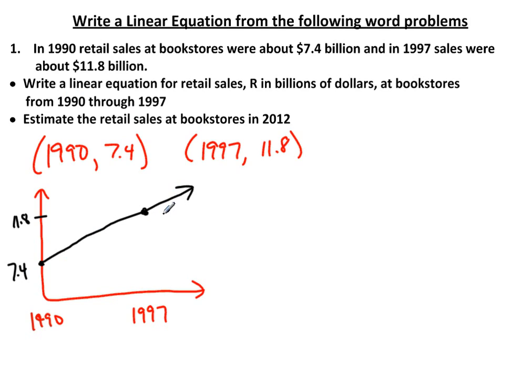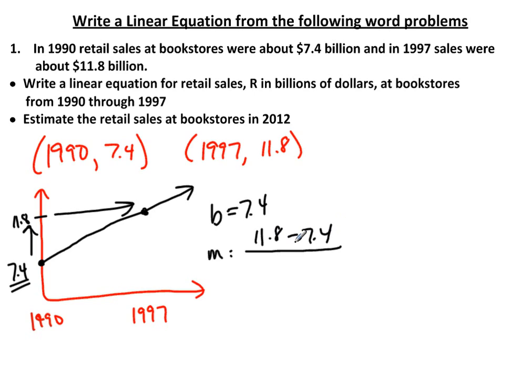So to find the equation of a line, and we typically write everything in slope-intercept form unless they tell us otherwise, I need to know two things. My y-intercept, which I have, there's my b value, so b is equal to 7.4, and I need a slope. Slope is rise over run. So I need to figure out how much I went up and how much I went over. Okay, so I went up, I find the difference between these, 11.8 minus 7.4, my y minus y.